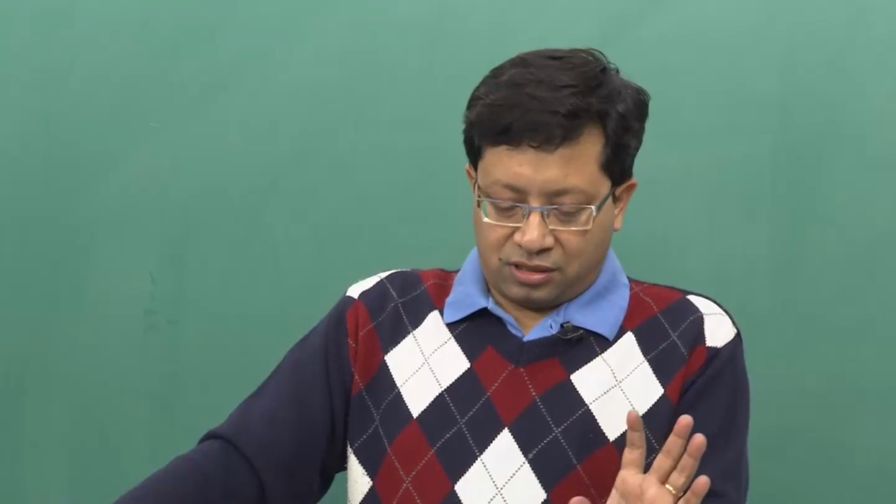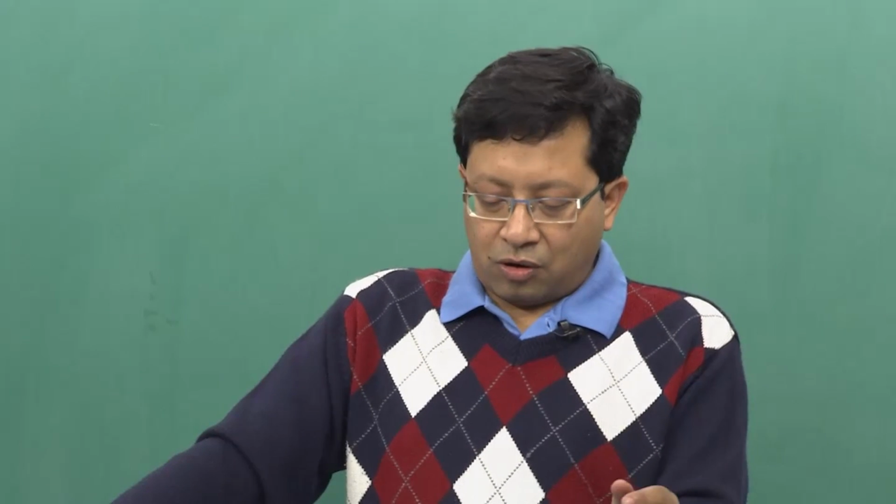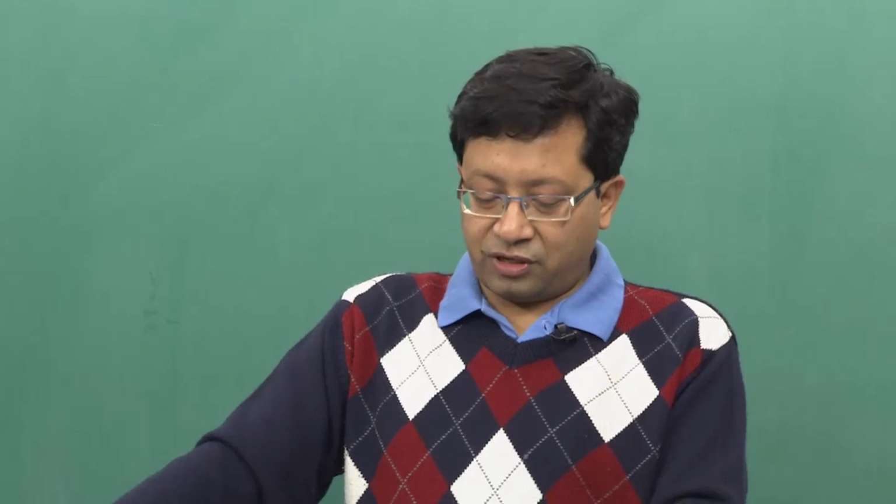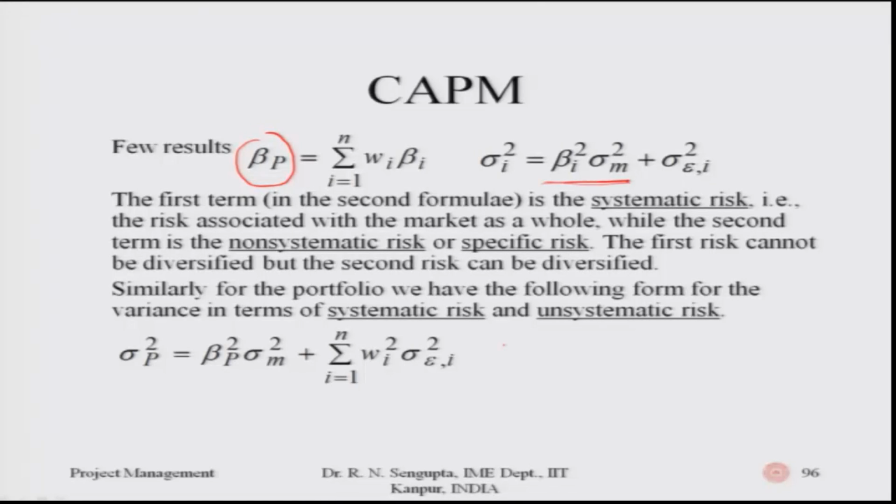So the non-systematic risk would be very high; this is the specific risk. The first risk cannot be diversified, but the second risk can be diversified and made as low as possible depending on how you invest.